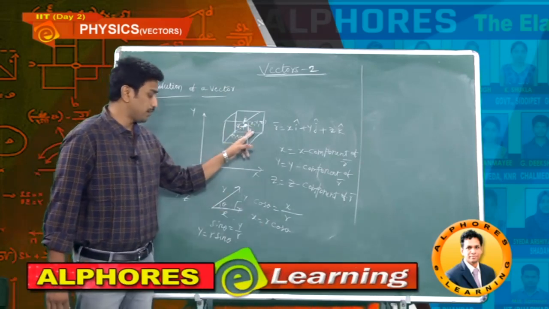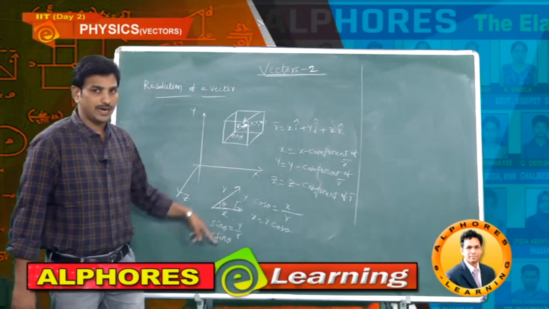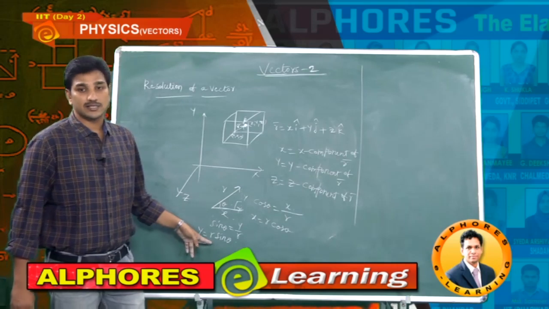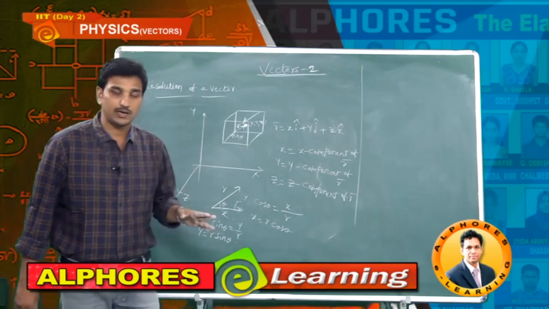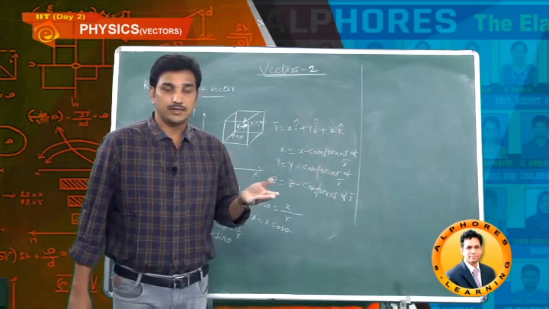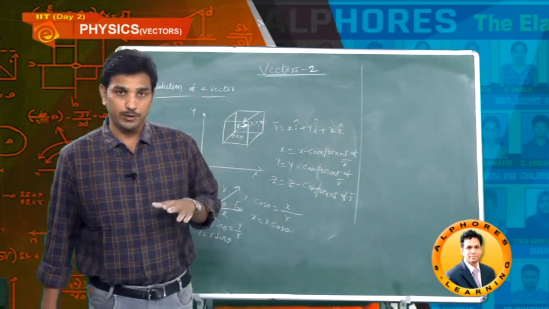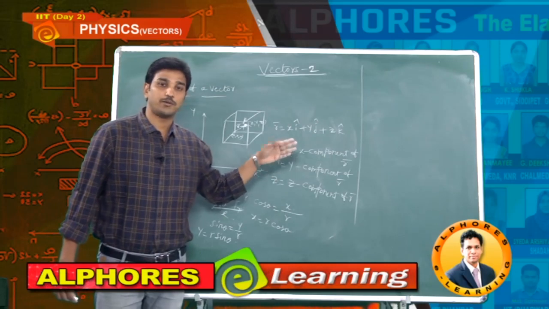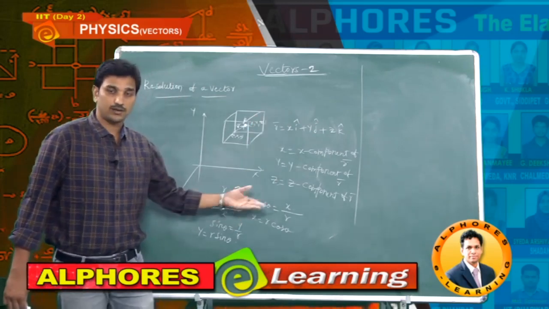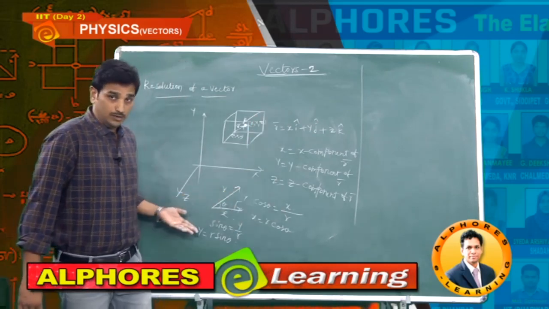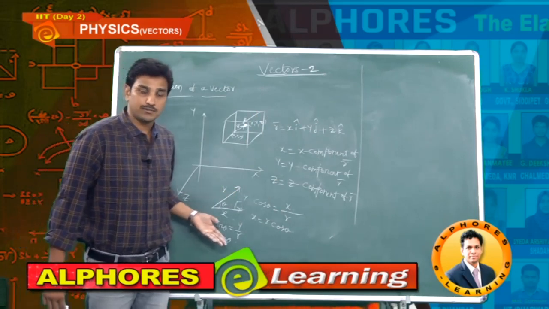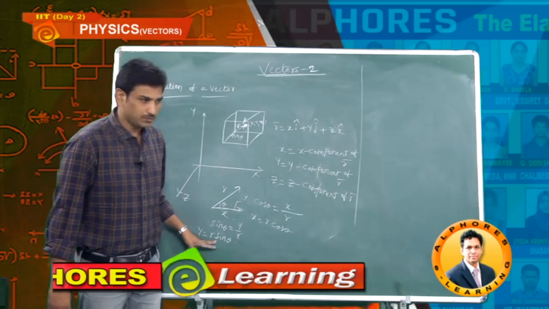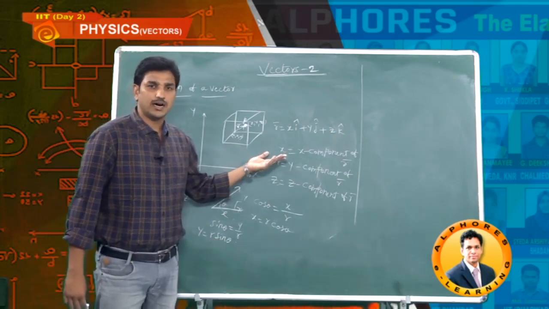R has y component, what is that? R sin theta. So a vector in 3D is going to resolve into three components: x, y, z. The x component of R is R cos theta. The y component of R bar is R sin theta. Similarly we can write for z also.